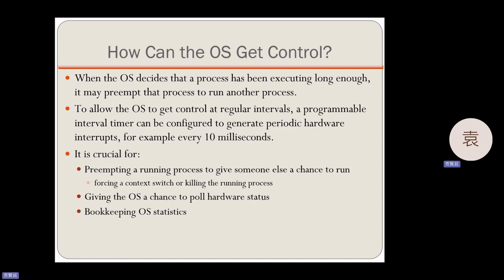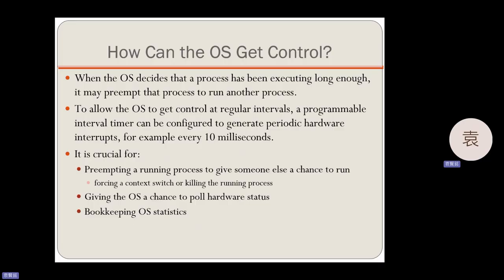When an operating system decides that a process has been executing too long, it may preempt the process to run another process. That's preemptive scheduling. In general, the operating system can use a timer, which is periodically triggered to check whether the current running process has already used too much CPU.